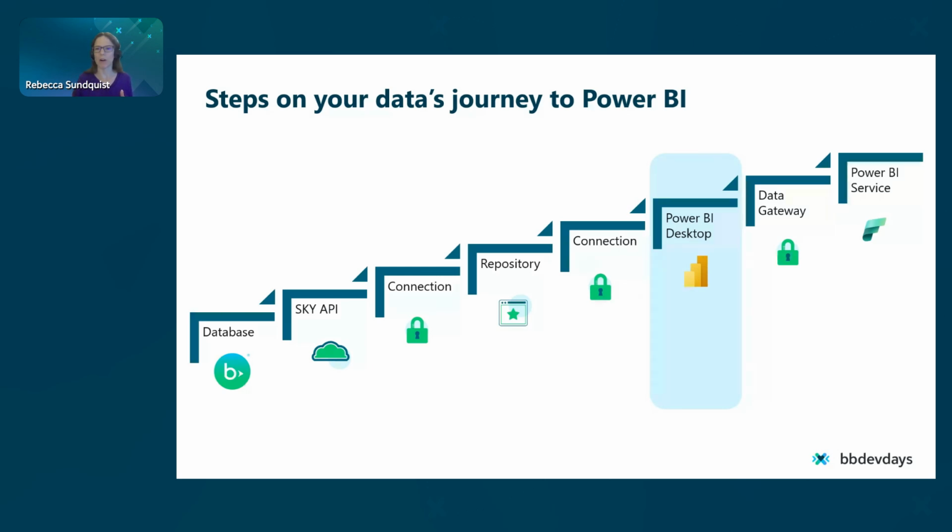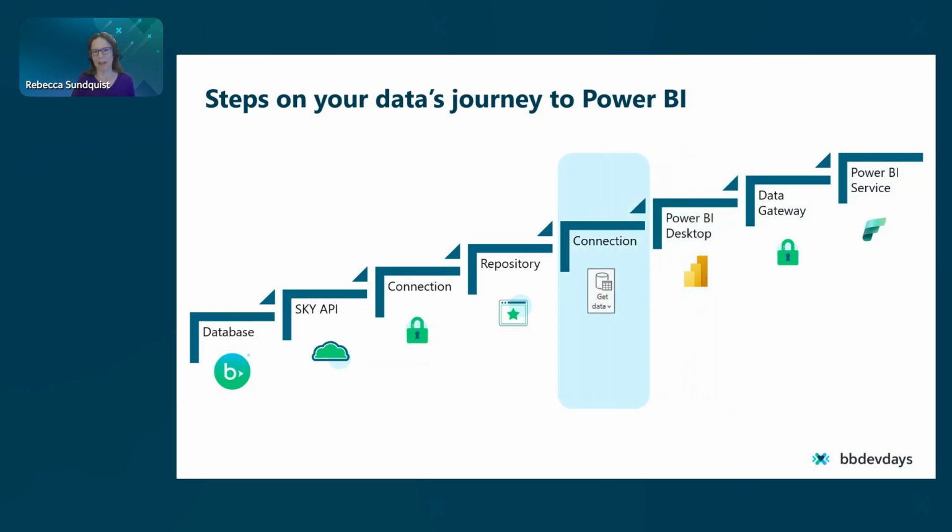And then finally, once we get all the way up to the Power BI service, the Power BI service also needs to make a connection either to that repository or all the way back through another method. And sometimes that's going to require a data gateway. So we're starting with this concept of all these steps to get data from our database into Power BI Desktop and subsequently to the Power BI service. And stay tuned because we'll also talk about Fabric at the tail end here.